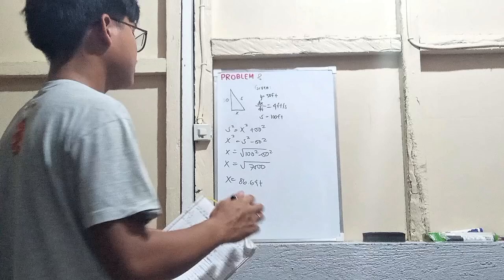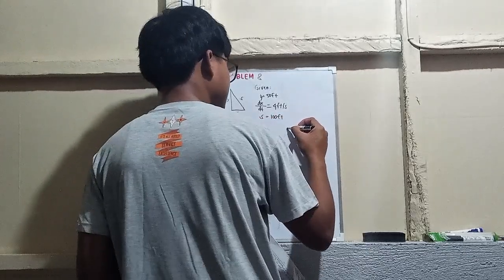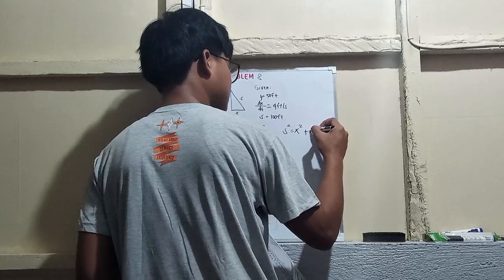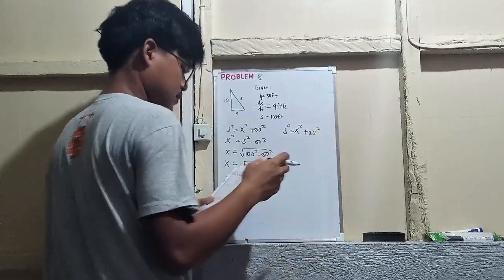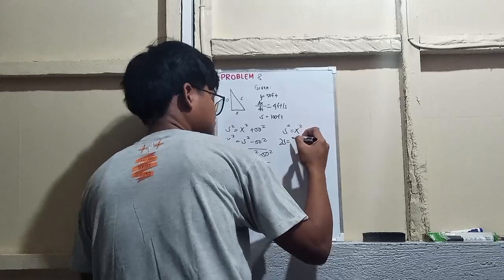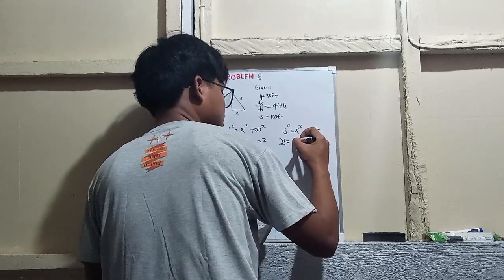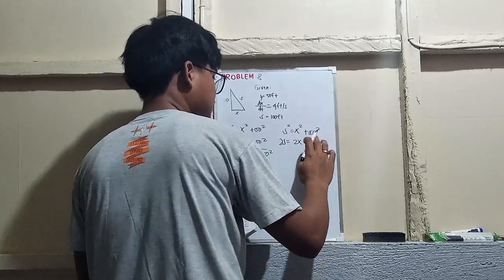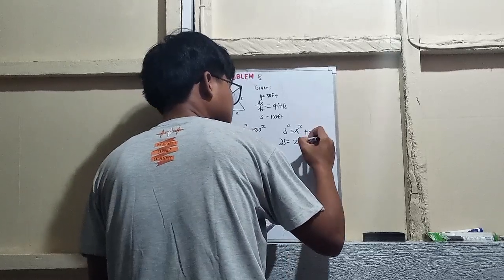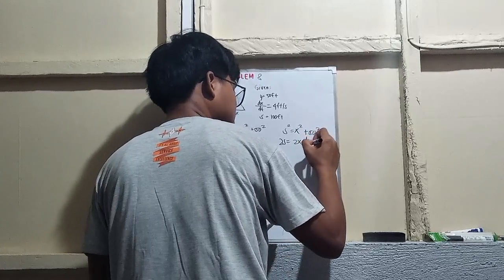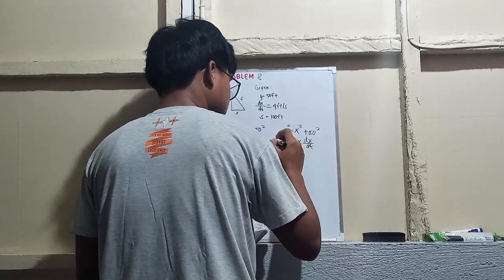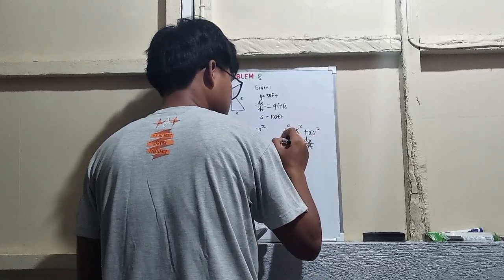Then we'll go back to the Pythagorean theorem, and now we'll differentiate the formula. So s squared will be 2s. We have the x squared as 2x. The 50 squared will be 0. So we have 2s ds over dt equals 2x dx over dt.